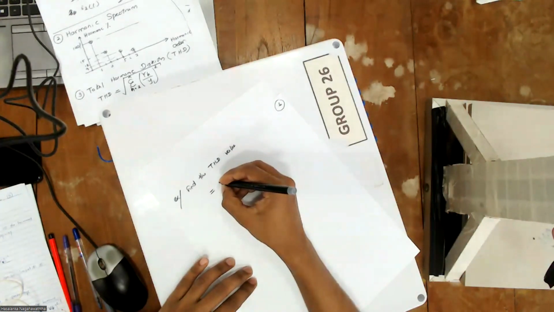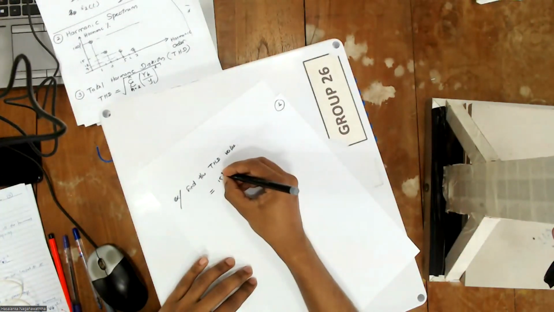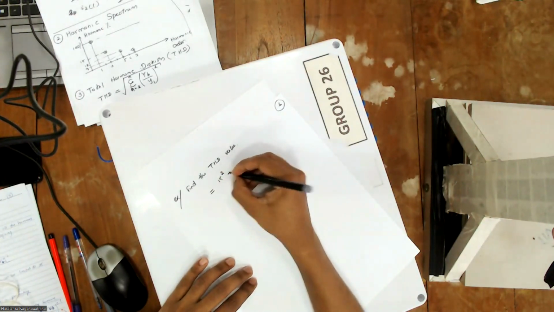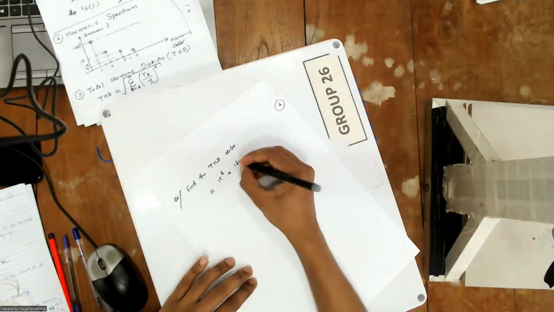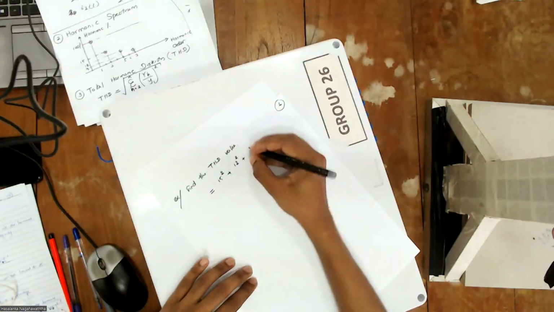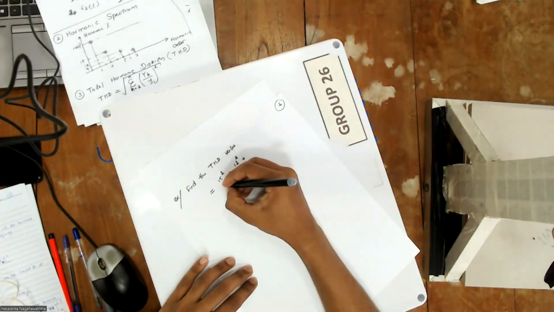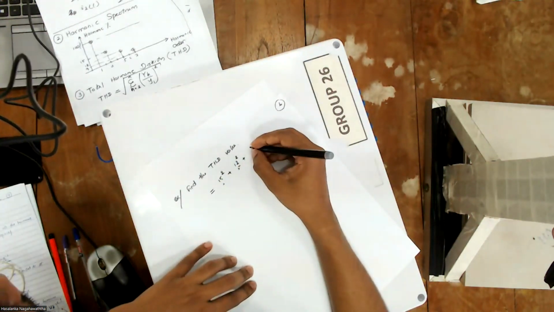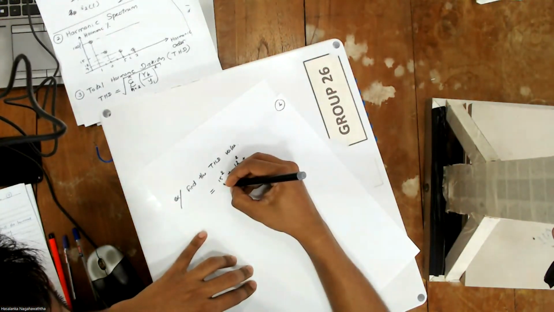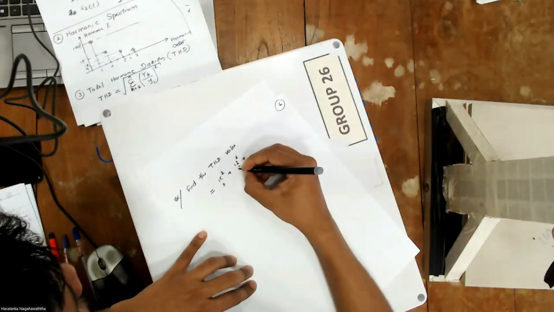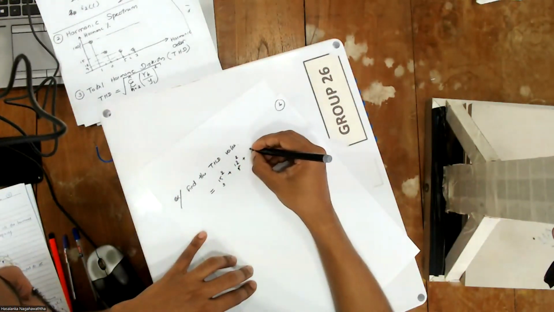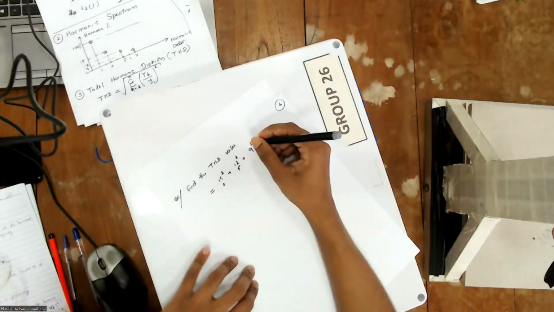The second harmonic is 15 and squared it, and the third harmonic is 12 and squared it, and this is the fourth harmonic, this is the fifth harmonic, and this is the seventh harmonic, which is 9, and square it.